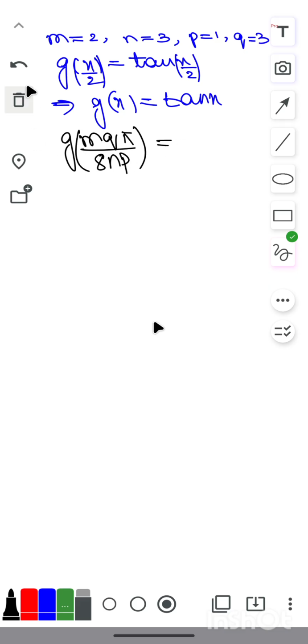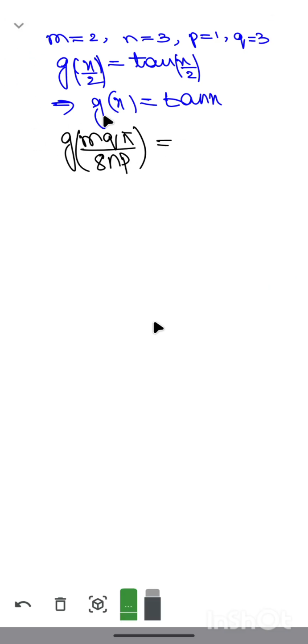So this is equal to, see in the function g, just we are replacing the value of x by mq pi whole divided by 8 np by substituting the value of m n p q and keeping pi and 8 as it is in this function, so that we get tan of, in place of x I am substituting all these values. M value is 2 and q value is 3.